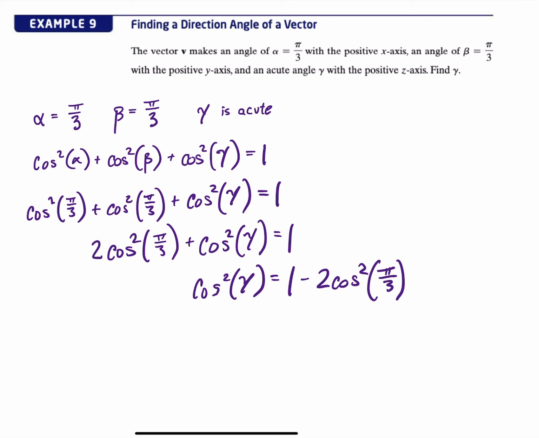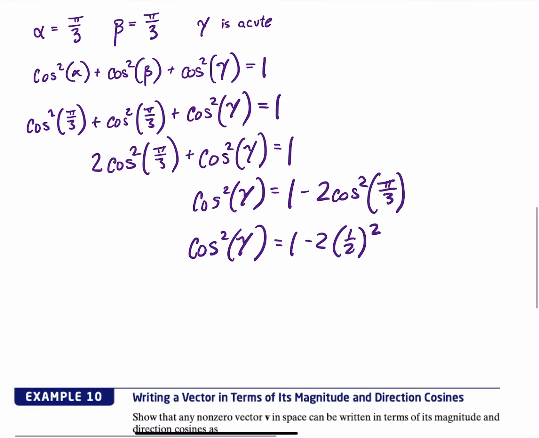Well, the cosine of pi over 3 is 1/2. So cosine squared of gamma equals 1 minus 2 times 1/2 squared. 1/2 squared is 1 over 4.